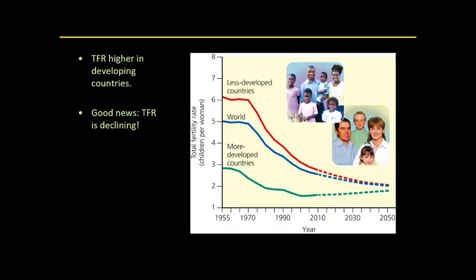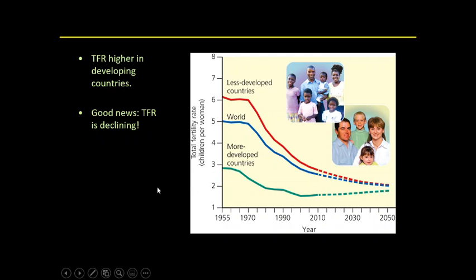Now, this is a graph showing time on the x-axis, projected through 2050, and total fertility rate, that's children born per woman, on the y-axis. We've got the entire world in blue, the red line is less developed countries, and the green line is more developed countries.